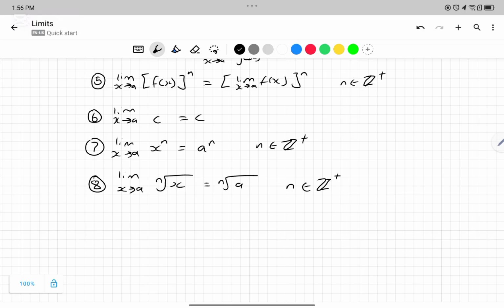And number 9, limit of f of x to the nth root as x approaches a.